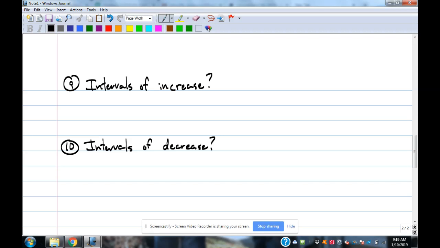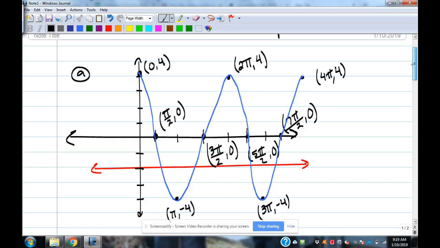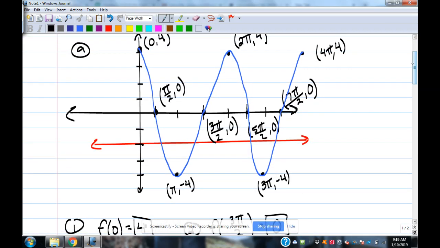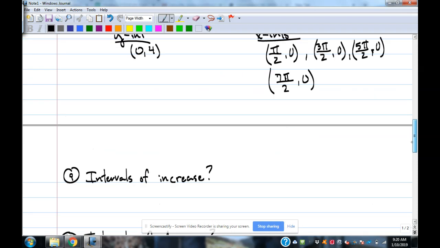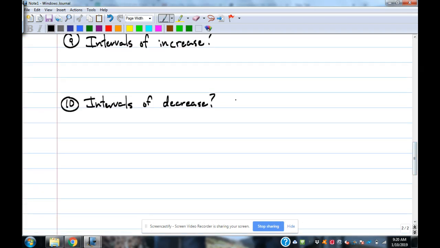So interval of increase for this graph. So we're looking at that picture. Where does it start? All right, what's going on? If we just read it left to right, we'll start here at 0. What's it doing from 0 to pi? Decreasing. So from 0 to pi.